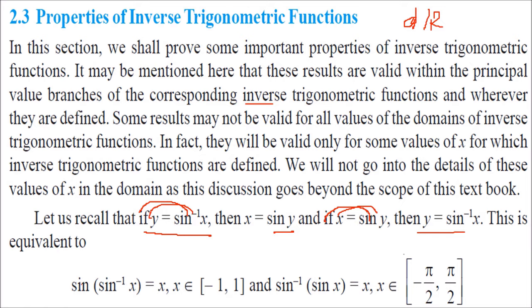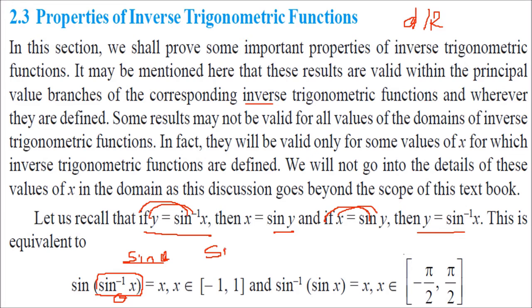And also sine of sine inverse x is x. That means when you have this as some theta, we are talking about sine theta. Now this value can only give you a result of a certain range.